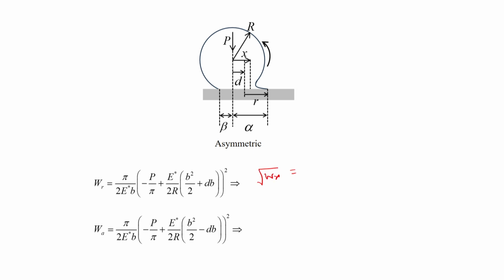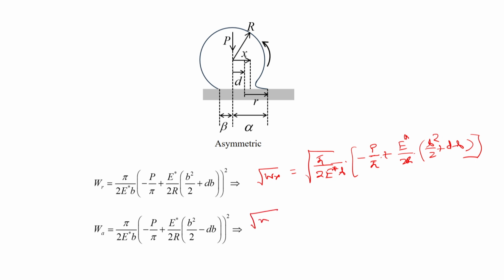Square root of W r will be square root of pi by 2 E star into b, here and into minus p by pi, okay, plus this is E star by 2 r into b square by 2 plus d into b, and here let us say square root of W A. So, that is receding and this is advancing, and as I said, the work of adhesion in the receding is actually larger than the advancing. So, it is like that.